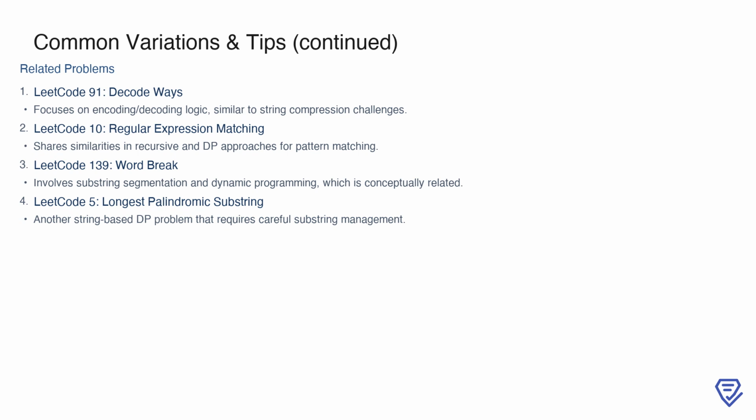In contrast, the dynamic programming approach avoids redundant computations by storing intermediate results in a DP table, reducing the complexity to n cubed. While this is a significant improvement, there is still room for optimization. For example, memoization or limiting the range of repeated pattern checks could reduce runtime further in practical applications.